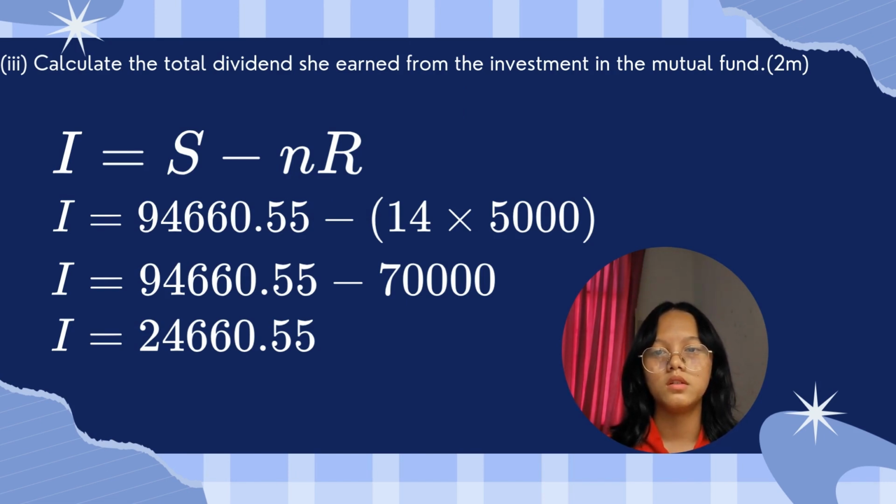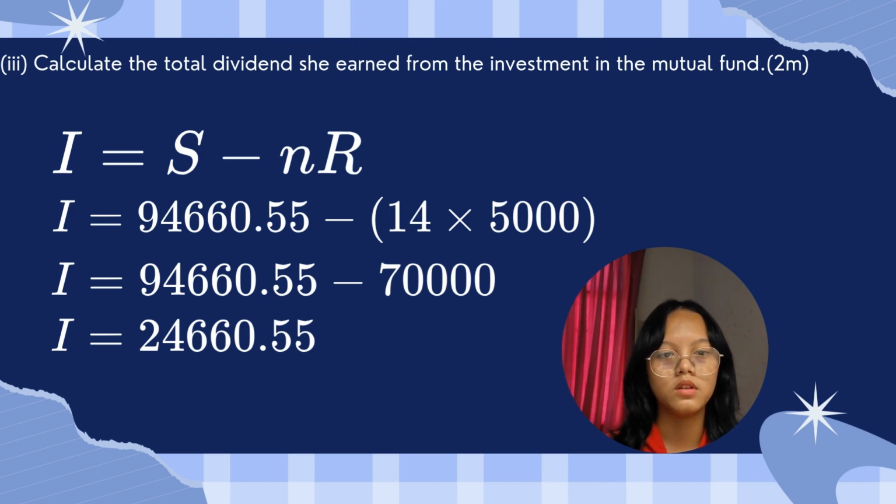Final question, which is D3. The total dividends earned is calculated by subtracting the total actual amount deposited into the fund from the final accumulated value. The formula that we are going to use is interest earned. S is the accumulated value, and n times R is the total amount deposited. So just take the answer from the previous questions. S equals 94,660 and 55 cents minus 14 times 5,000.